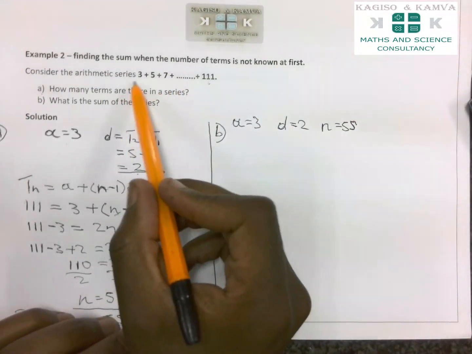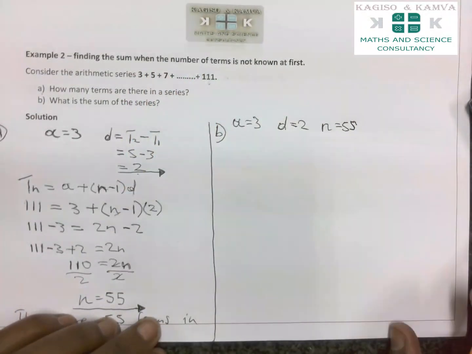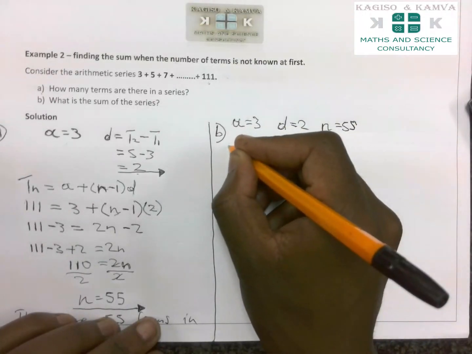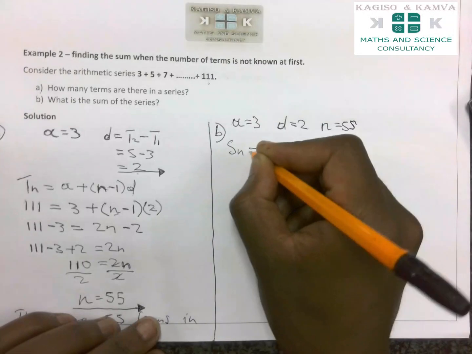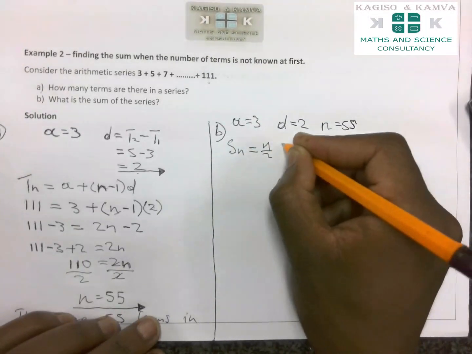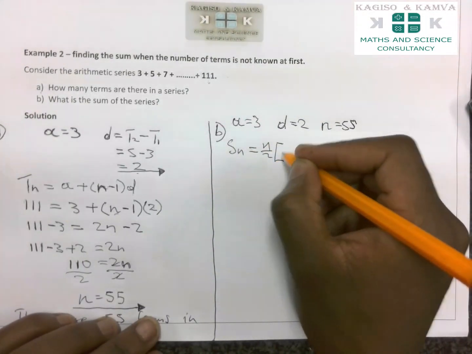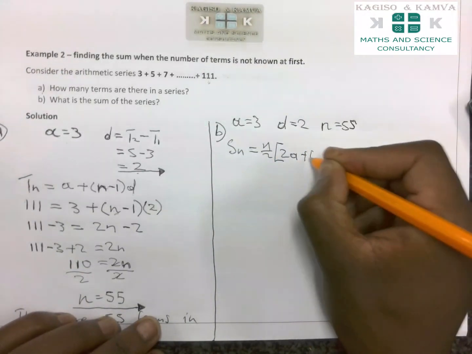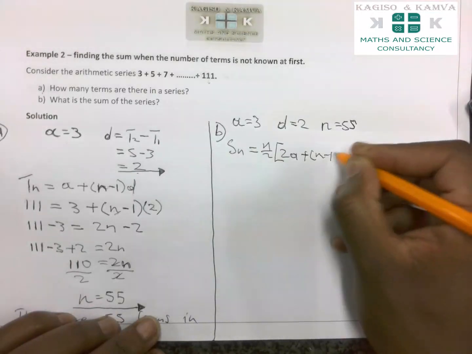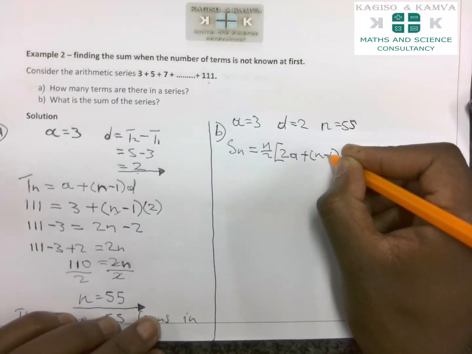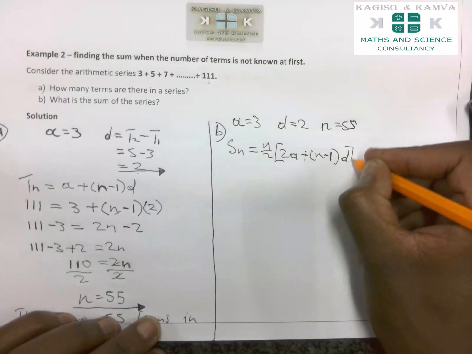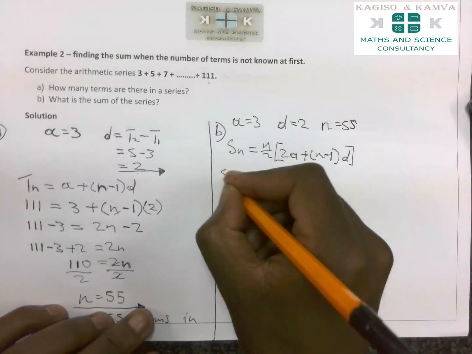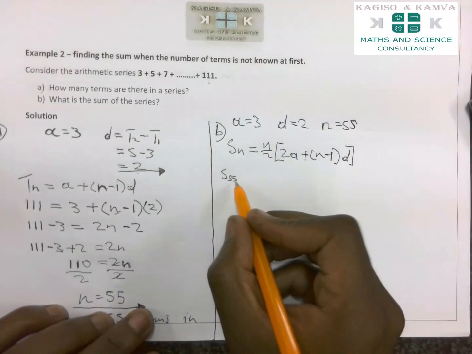So we need to know the sum of all the terms in this series. We're going to use this one first: Sn is equal to n over 2 into (2a plus (n minus 1) d). We need to find the sum of the first 55 terms.